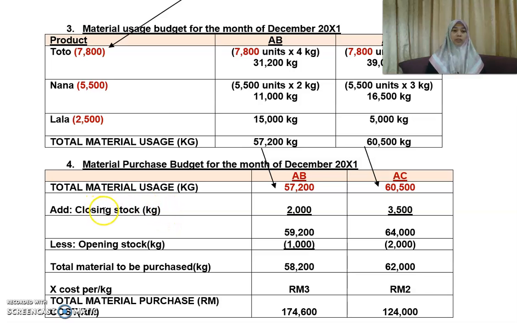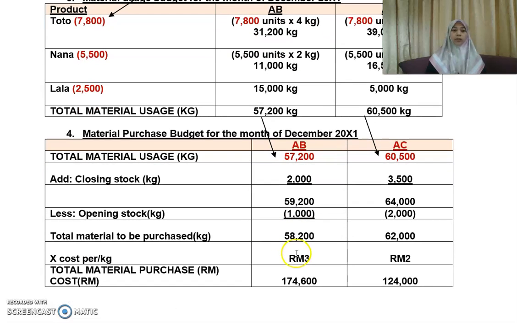You have the closing stock for AB of 2,000, and you also have the opening stock for AB of 1,000. So you adjust for that. You will arrive at the total material that needs to be purchased: 58,200. So you need to purchase 58,200 kilograms of AB.